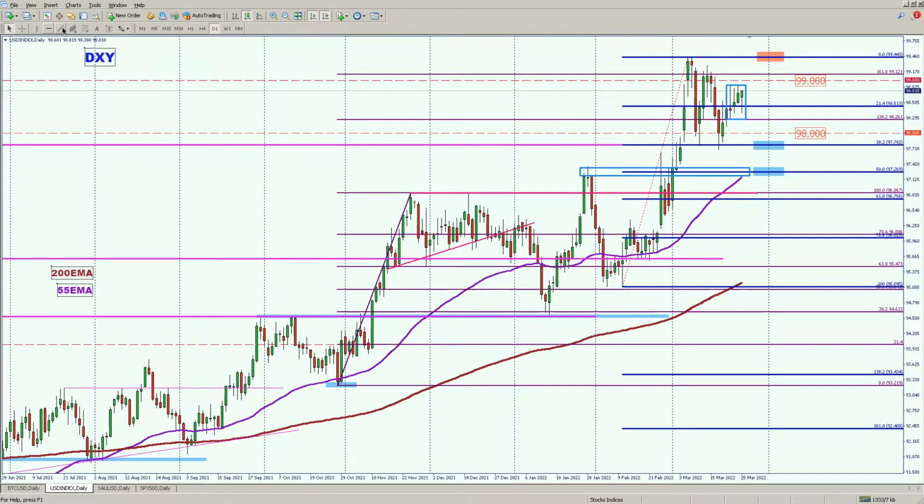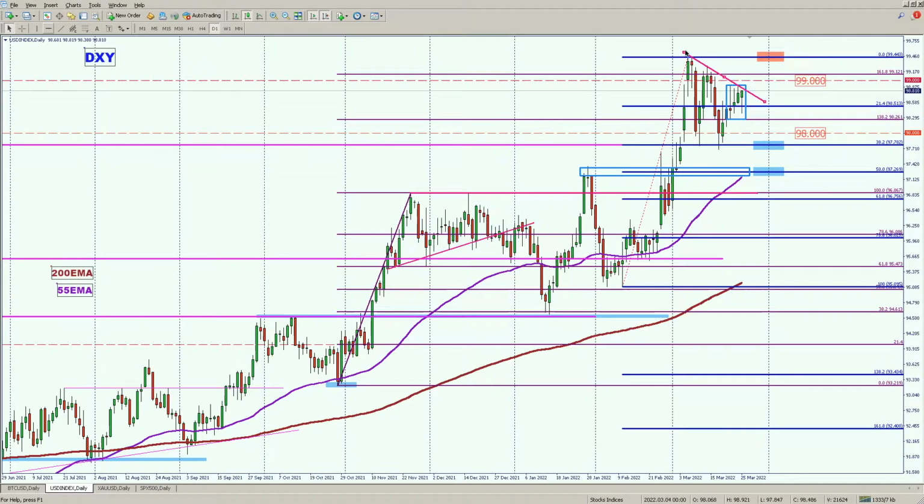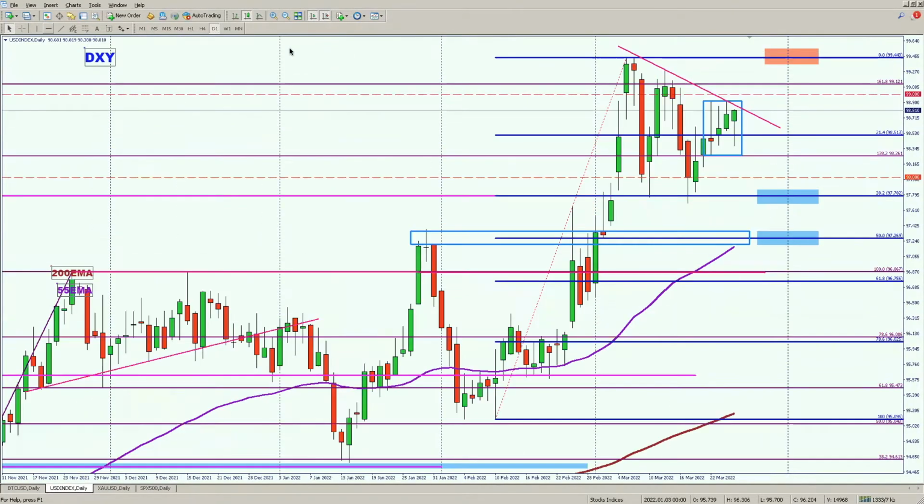So it's been consolidating with this, looks like a trend line, a downtrend line. The support is still around at the 98 and perhaps even at the 38 FIB.